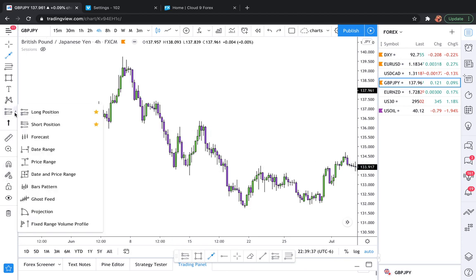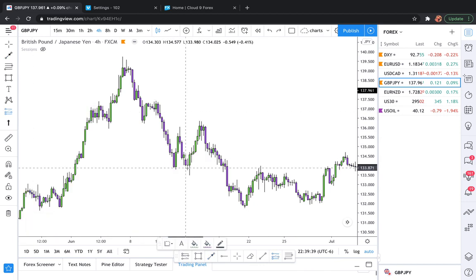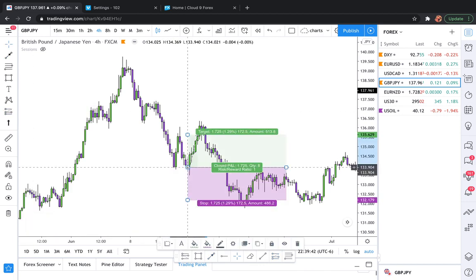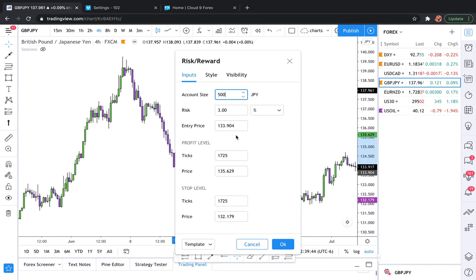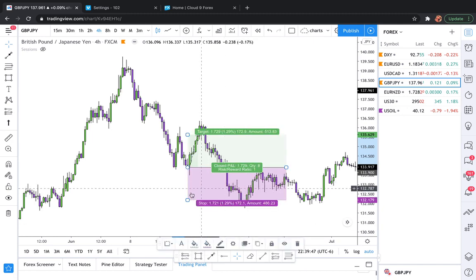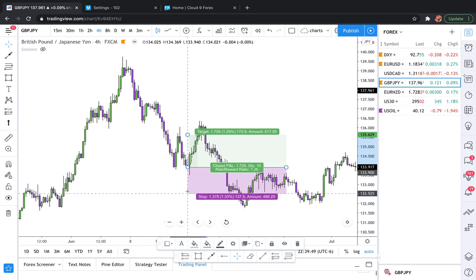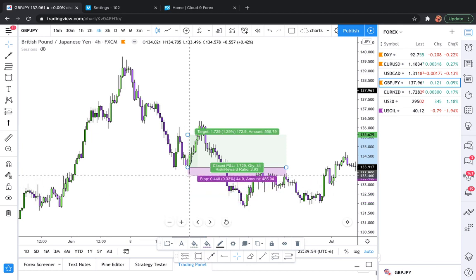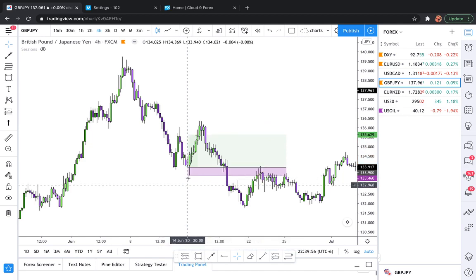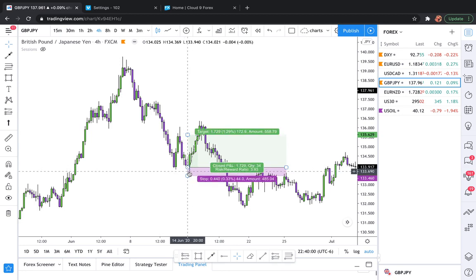For example, we would take a long position right here. You've got to always round price, so we take it at 900, and our stop loss would be right below structure. Then we would take this on a lower time frame so you can get this exact entry.